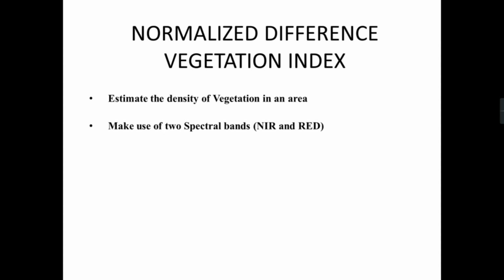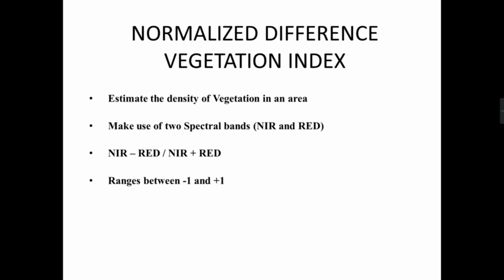Its main aim is to estimate the density of vegetation in an area of interest. And the NDVI values normally range between -1 and +1.